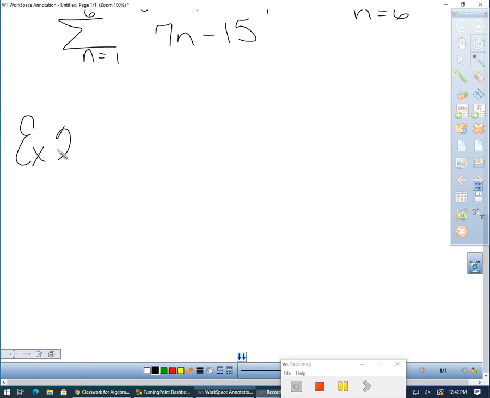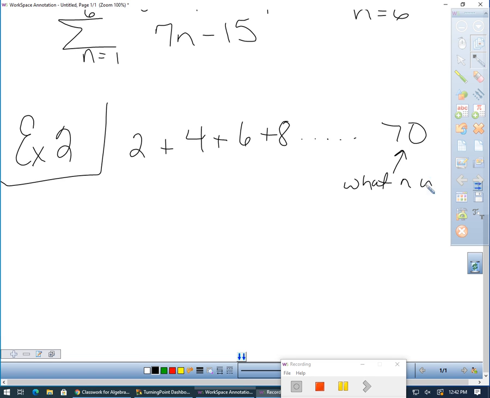Example number 2, same section. So if I give you 2 plus 4 plus 6 plus 8 out to 70. So first thing we probably need to do is figure out what number term is 70.